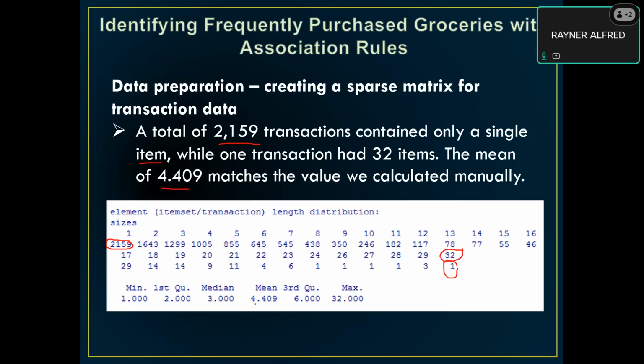For each transaction, we divide by the number of items that we have, so per transaction we have around 4.4 items.